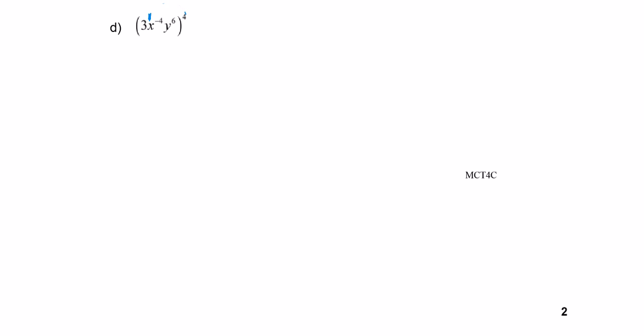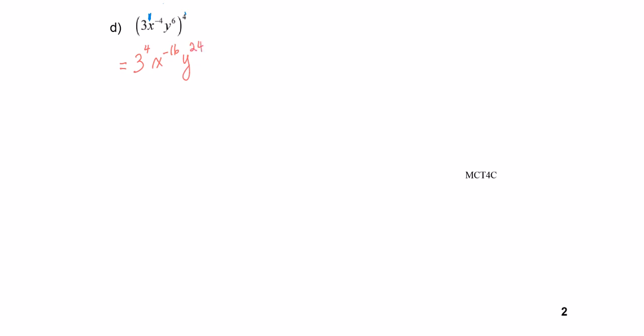Now, just like I said, the 4 is being applied here, here, and here inside the bracket because of the power of a power rule. So basically, we're going to have 1 times 4 gives 4, so we have 3 to the 4. We're going to have x to the negative 4 times 4, 16, and y to the 24, because 6 times 4 is 24.